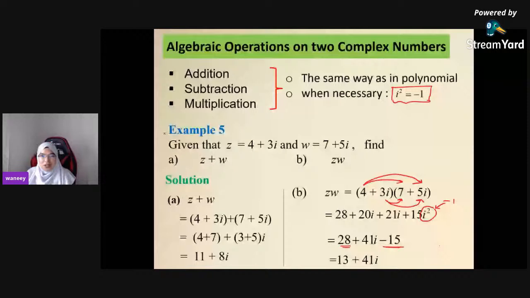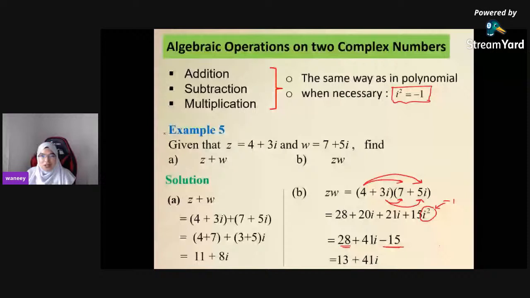Okay, next. Conjugate of complex number. What do we mean by conjugate of complex number? A plus BI is the conjugate of A minus BI, and A minus BI is the conjugate of A plus BI. So what do you see?